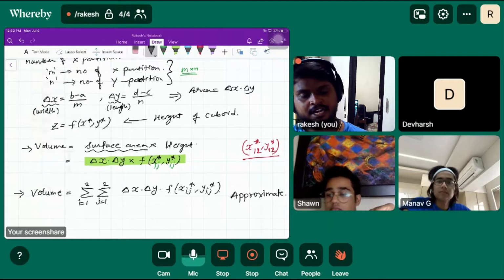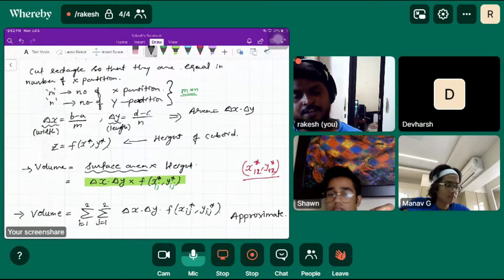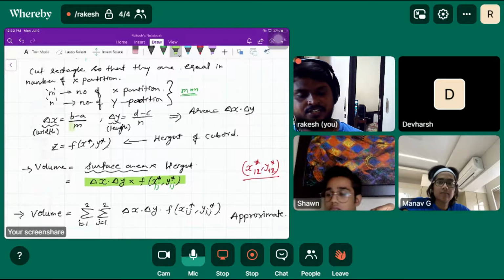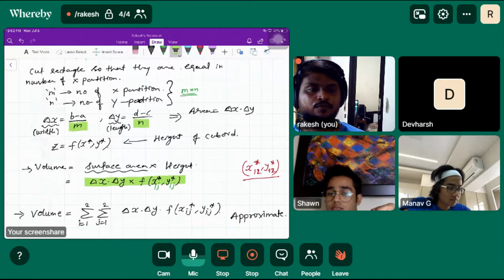In this question we are making m partitions along the x direction, n partitions along the y direction.